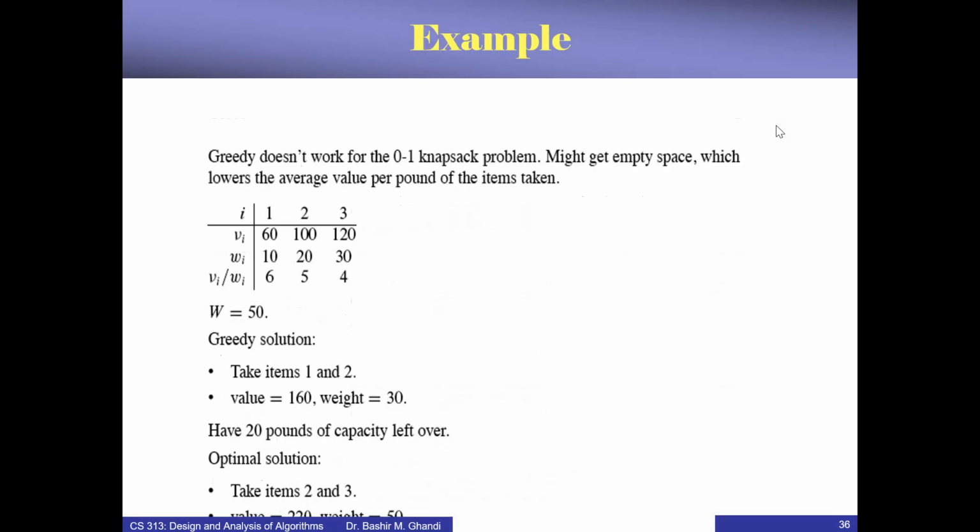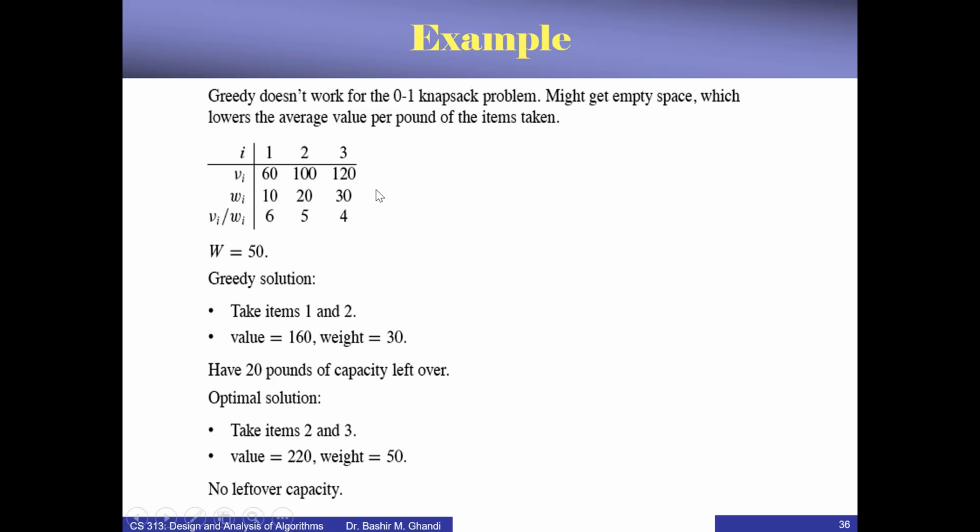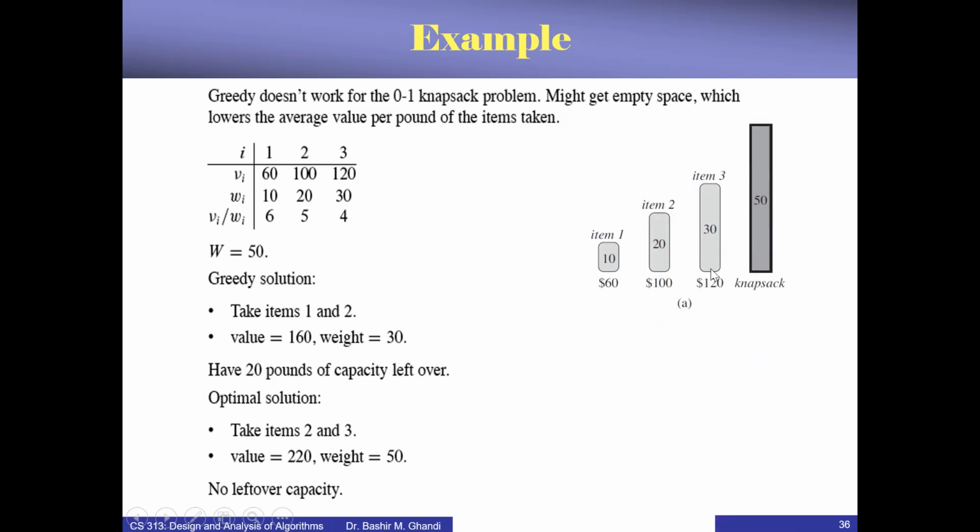This is our counter example. Greedy doesn't work for the 0-1 knapsack problem because we might get empty space, which will lower the average value per pound of the items. Let us take this example. Suppose we have these three items. Item 1 weighs 10 pounds and its value is $60.